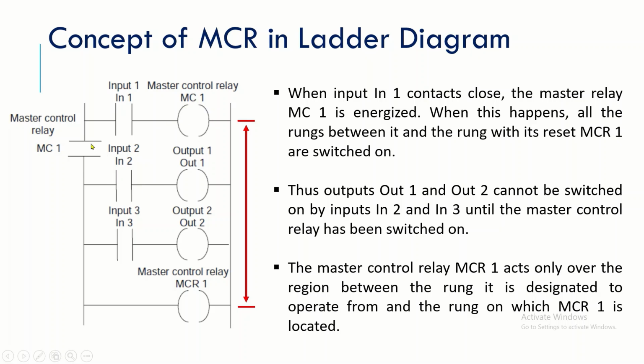And when this happens, you can see this NO contact will be closed and all subsequent rungs will get power. However, you have to remember one thing, that there should be another coil. In between this MC1 coil and this coil, only in between, the rungs will get the supply.